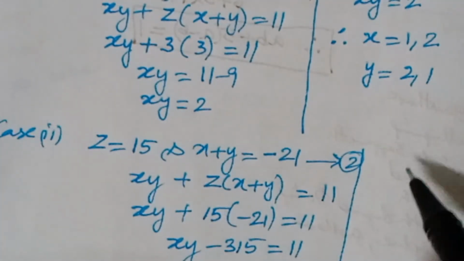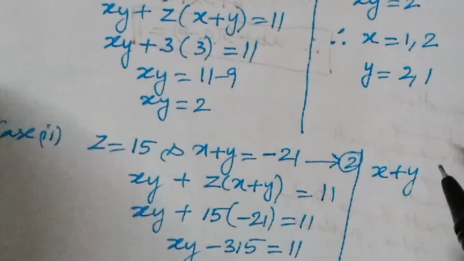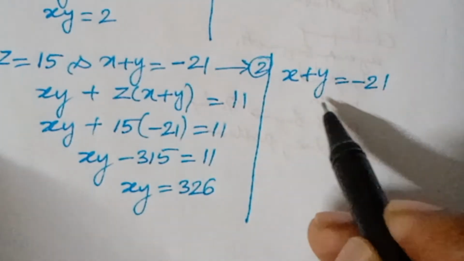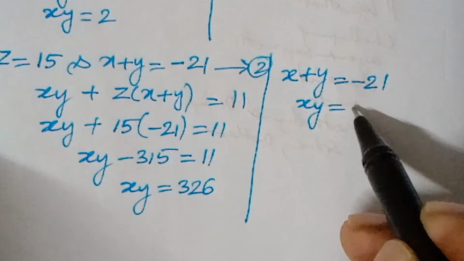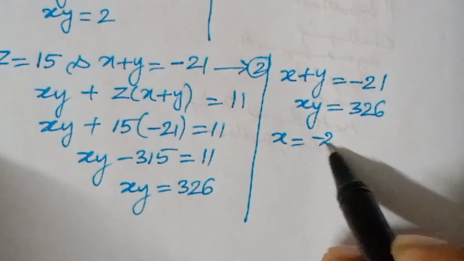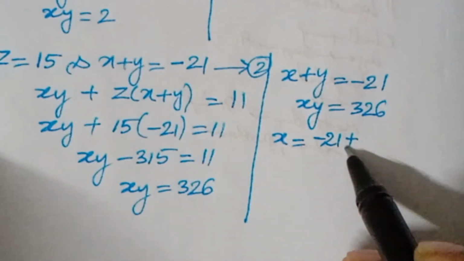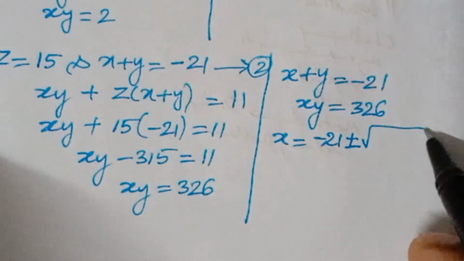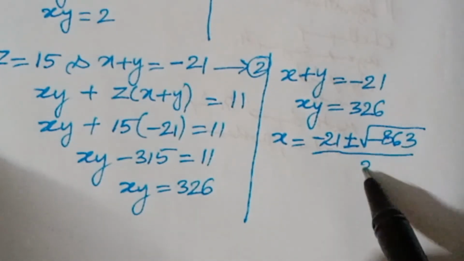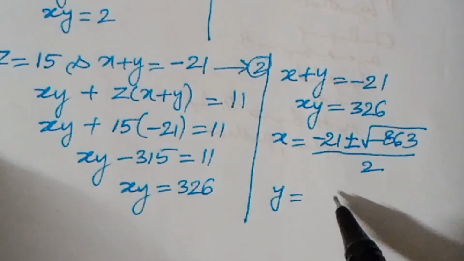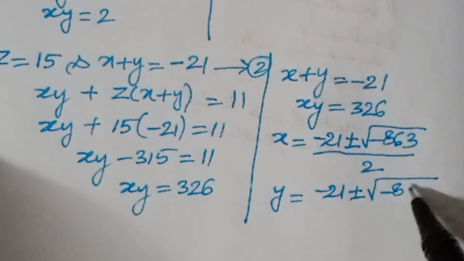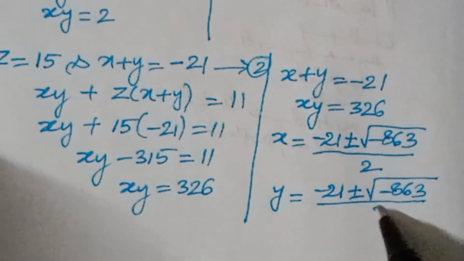Now solving, x + y = −21 and xy = 326. The values of x and y are irrational, with imaginary roots: −21 plus or minus the root of −863, divided by 2.